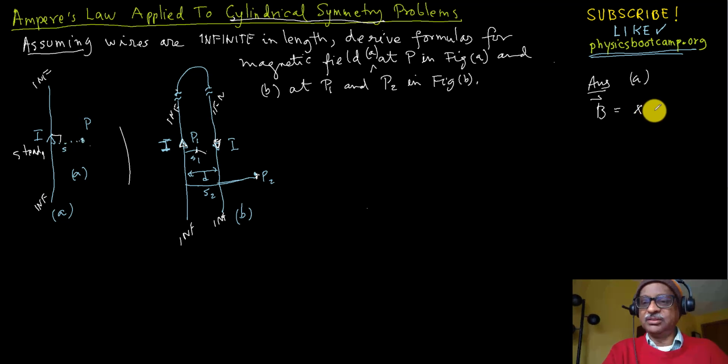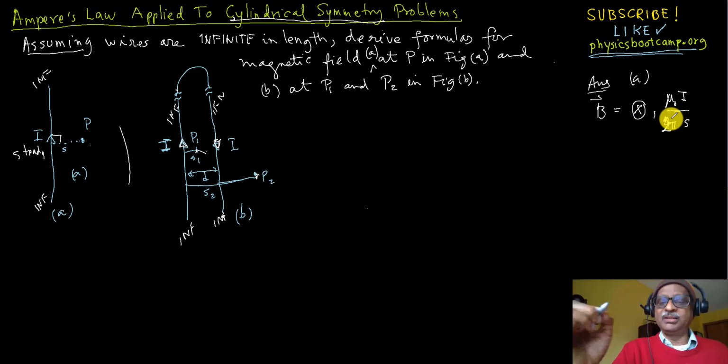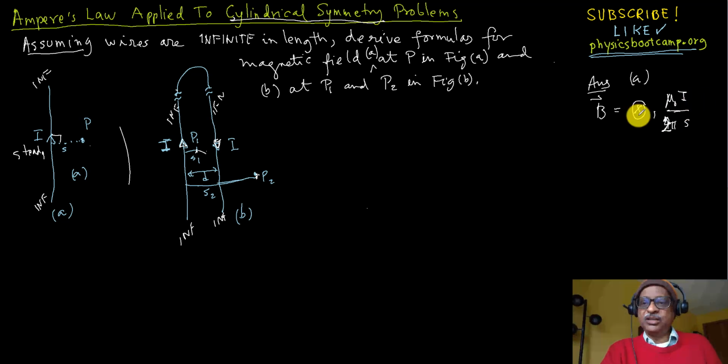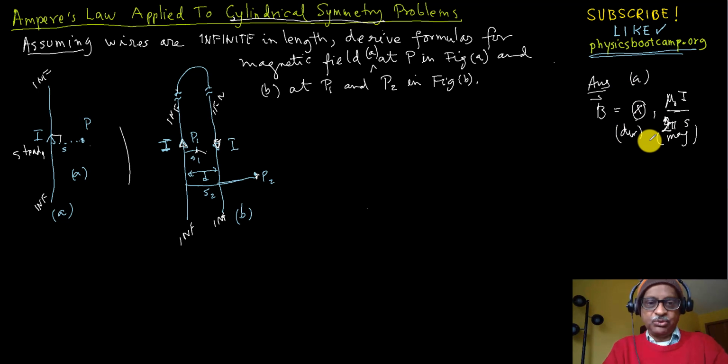So that's the direction, and the magnitude is mu naught I over 2 pi s. So this is the magnetic field magnitude, and this is the direction for A. And B is going to be a little bit more, it's going to have two terms, one from this wire and one from this wire.